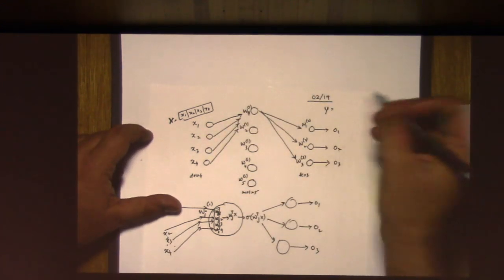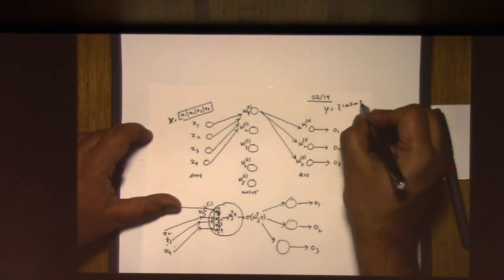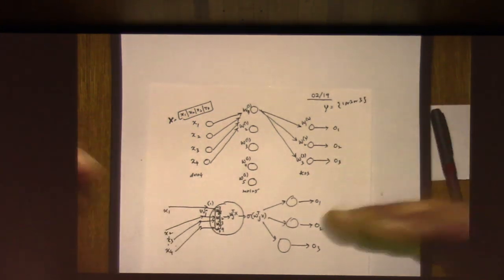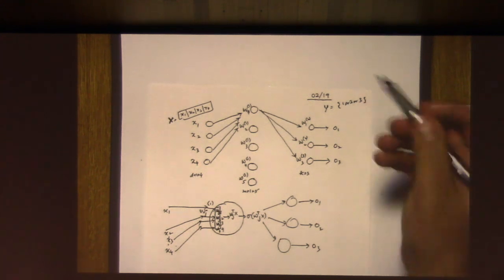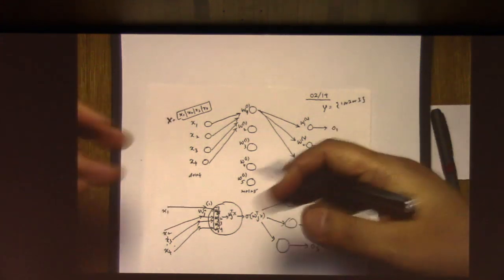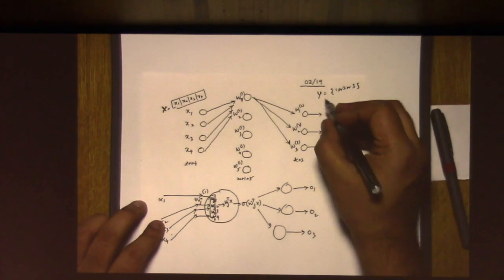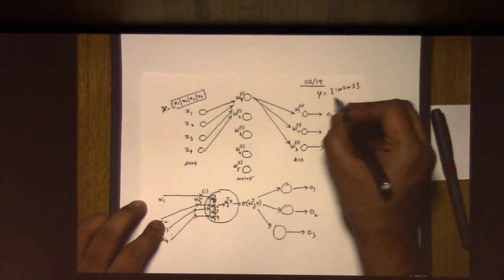Now, y in general could be either 1 or 2 or 3, because it could be one of the 3 classes, right? Or it could be red, blue, green. It could be sunny, rainy, cloudy, whatever output it is, right? But to make it mathematically easier to process, we convert this into a bit vector.